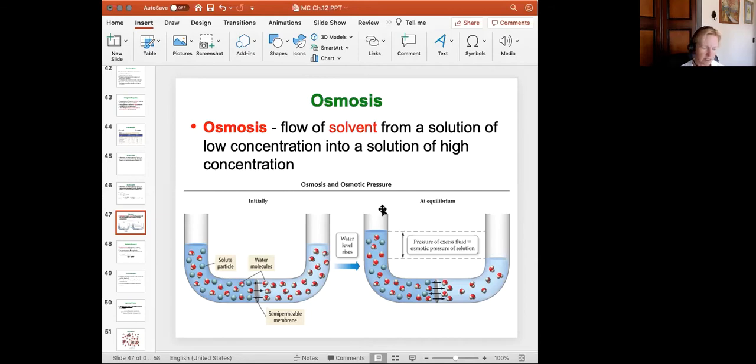Your small intestines are where you have a lot of nutrient exchange with your blood. So there's a lot of opportunity for osmosis to be happening between the intestines and the blood flow. They're kind of like semi-permeable membranes.